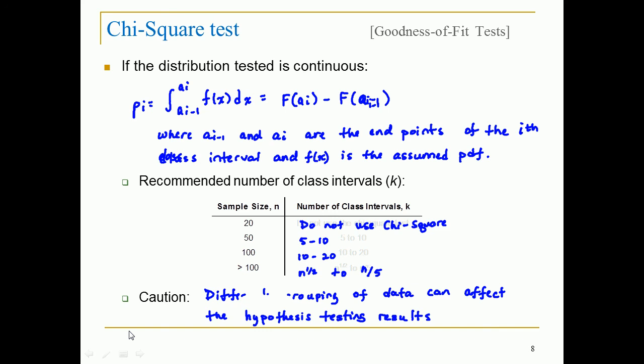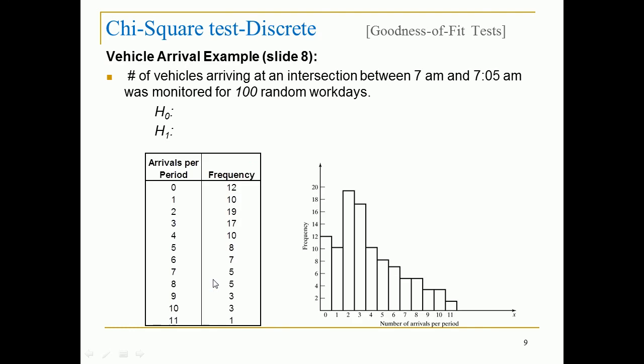Okay? So the next thing we're going to do is to use the chi-squared for a discrete case.